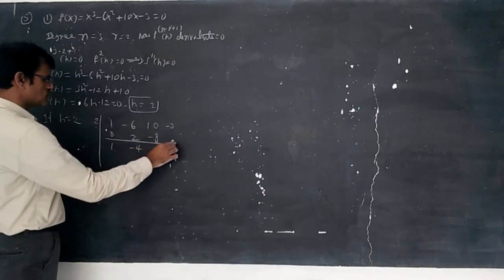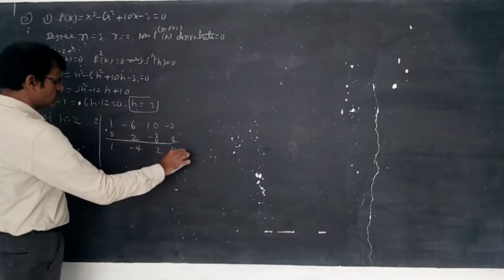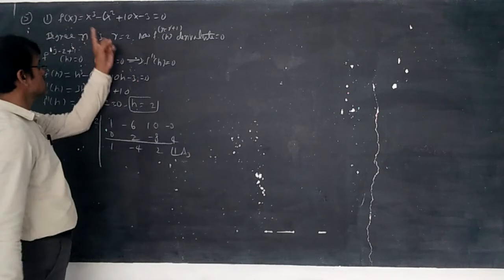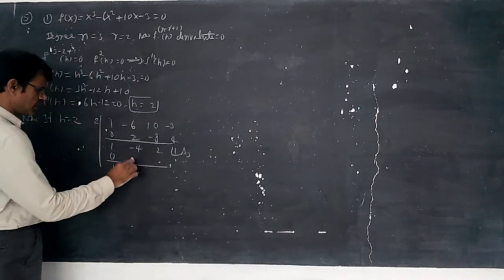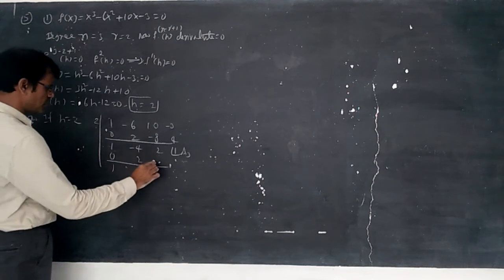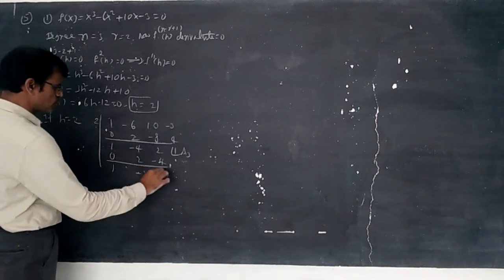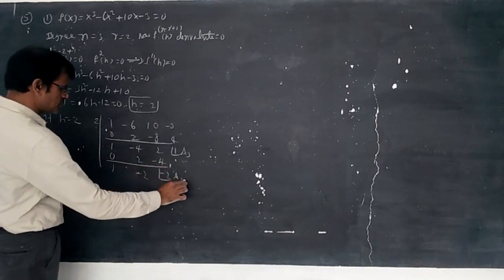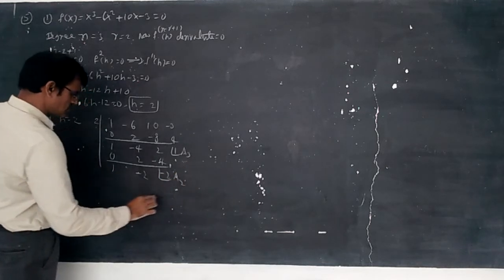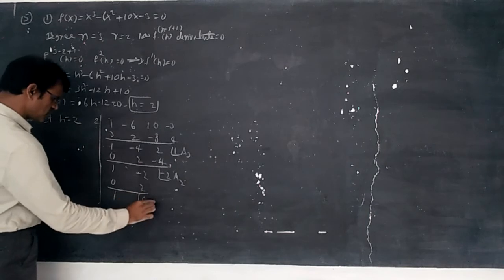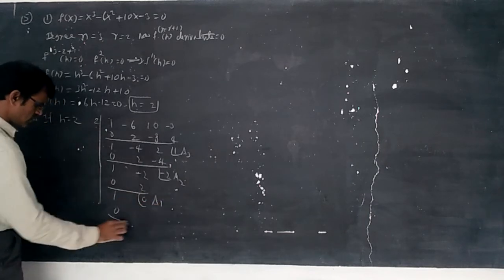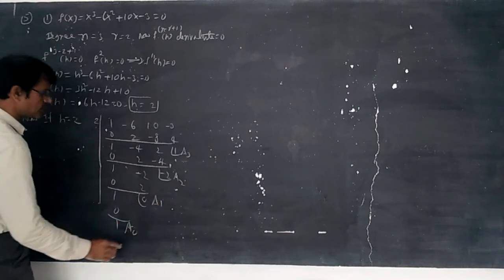Minus 8 becomes 2, 2 times 4, this is 1. This is A3, students, not A4. Put here 0, 1 here, 1 times 2, this is minus 2, minus 4, 2 minus 4 becomes minus 2. This is A2. And now put here 0, this is 1, 1 times 2, this is 0, you can understand, this is 0, 0, this is 1, this is A0.